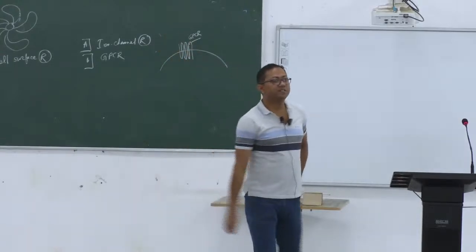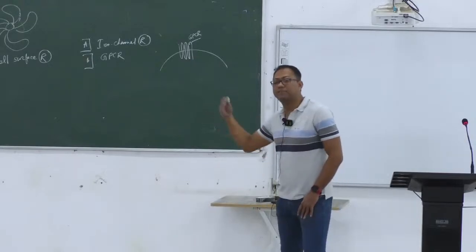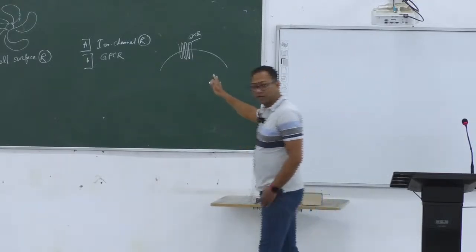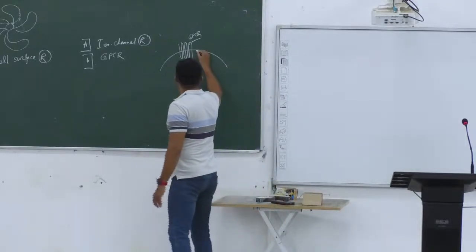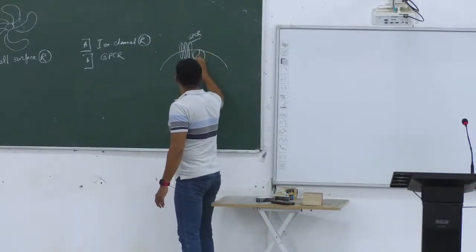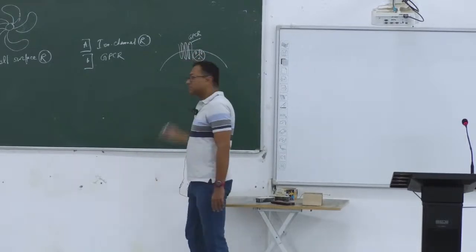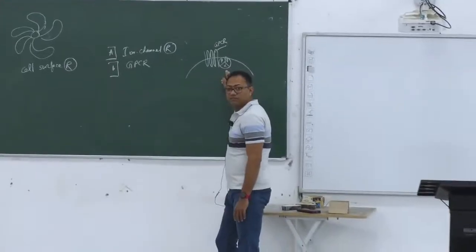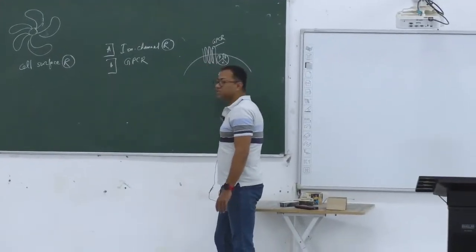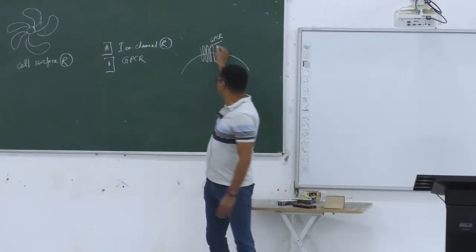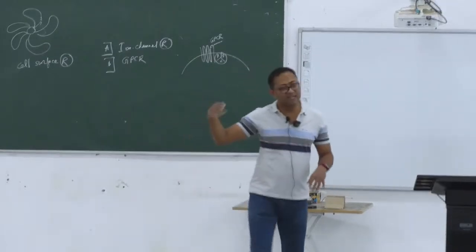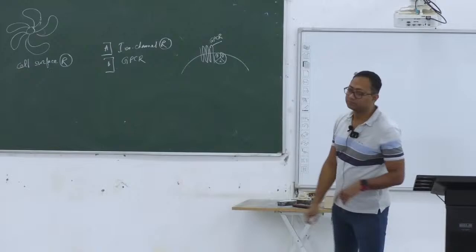This is GPCR, not G protein. Attached to this receptor is a protein which has 3 subunits, alpha, beta and gamma. This is GPCR and this is G protein. The receptor is called G protein coupled receptor because it is coupled to, attached to, G protein.